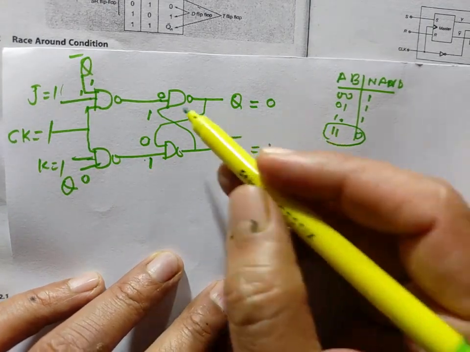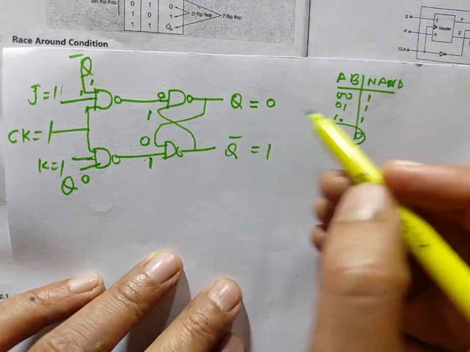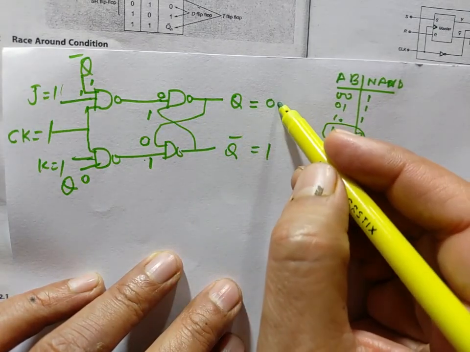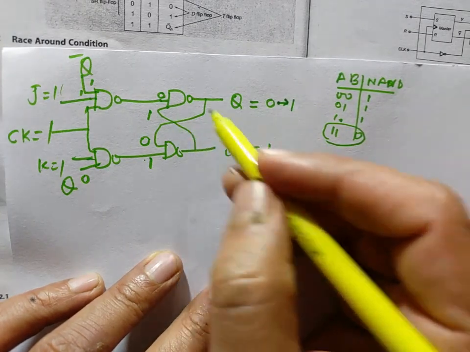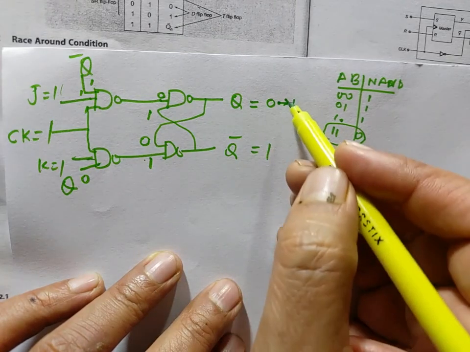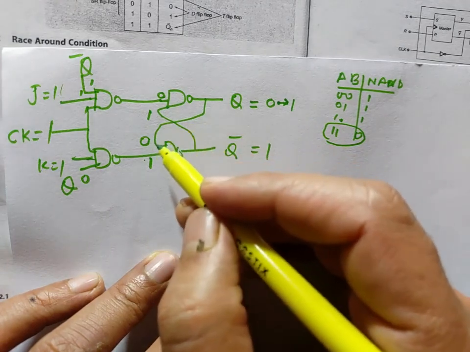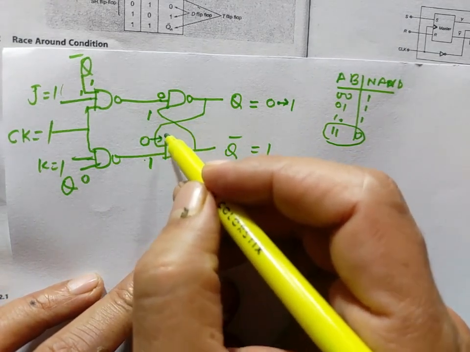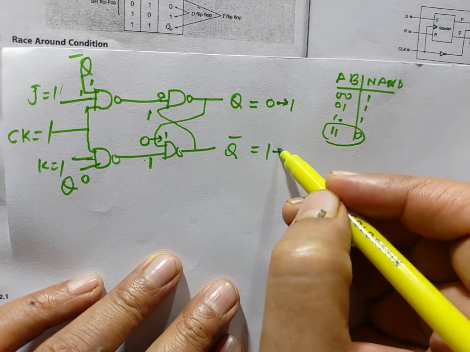Now using the NAND gate function again, 0 and 1 will give you a 1. So this will be a 1, and here 0 and 1 should be 1, which is true. But this is driven to 1, so this will change to a 1, and a 1 and a 1 will give you a 0.